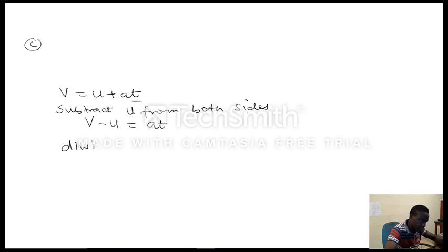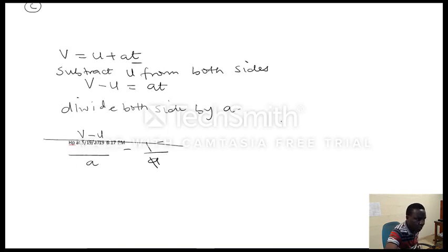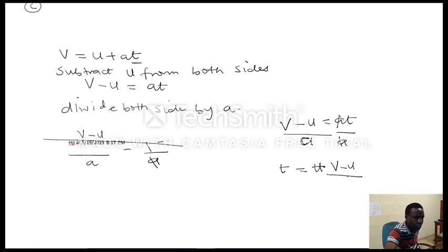We say divide both sides by A, and we'll have V minus U divide by A is equal to AT divided by A. A will cancel A, and we have our equation as T is equal to V minus U divided by A. So we have ended up making T the subject of the formula.